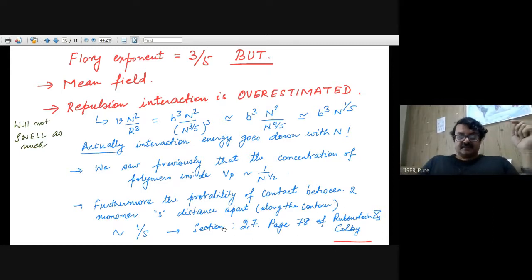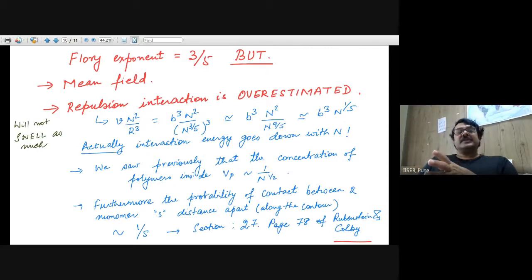In fact, in section 2.7, page 78 of Rubinstein and Colby, it is shown that the probability of contact between two monomers, which is s distance away along the chain contour, falls as 1/s. So there is less probability of contact as the chain becomes long. So you cannot say that the repulsion interaction energy goes as n to the power 1/5.